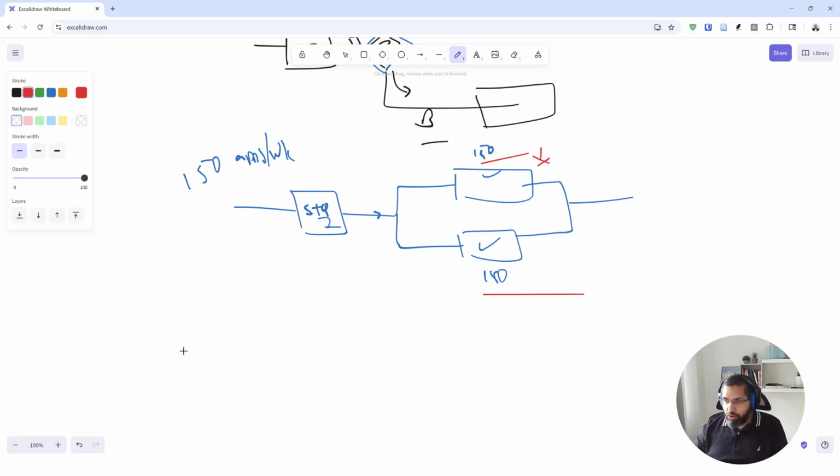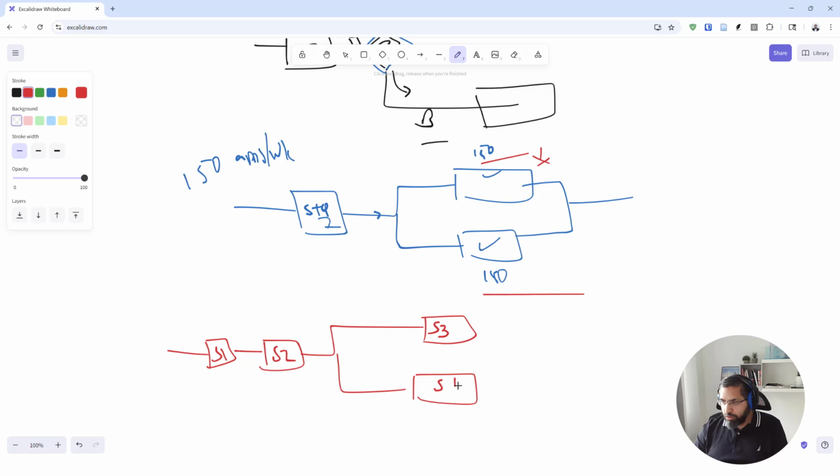So let's redraw. We have step 1, S1. Then we have step 2, S2. Then we have this S3, which is a credit check, S4, and then we have step 5. And we know that the load on the system is 150.